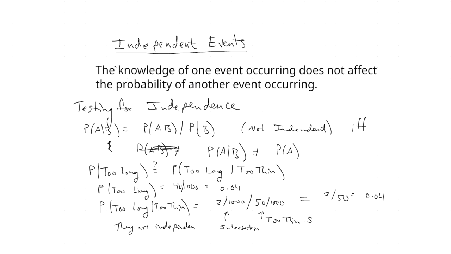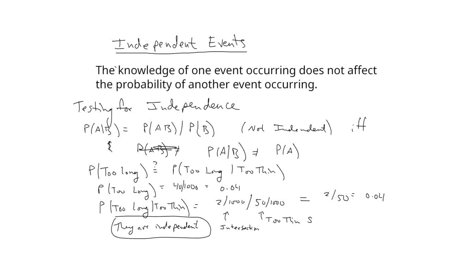Is it just a coincidence that they both are the same? Maybe you have to dig a little deeper to figure that out. But from this numerical standpoint, the probability of A given B is in fact equal to the probability of A.